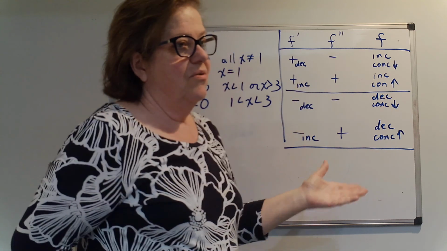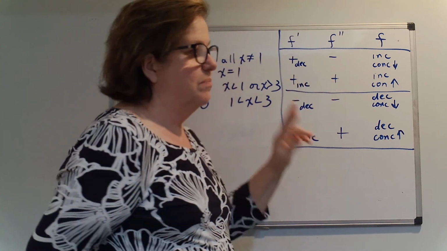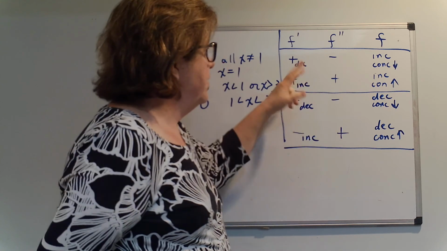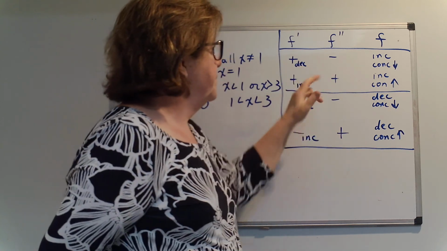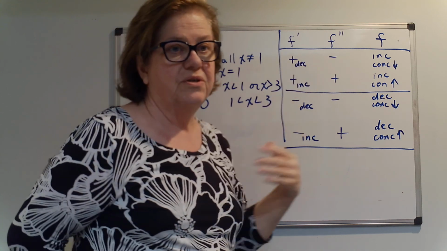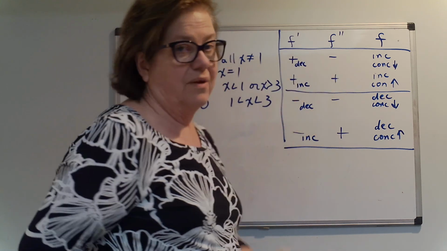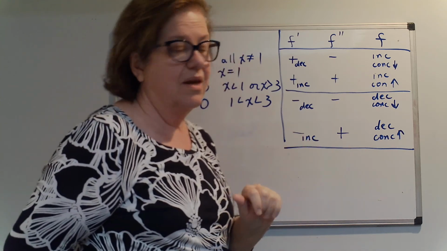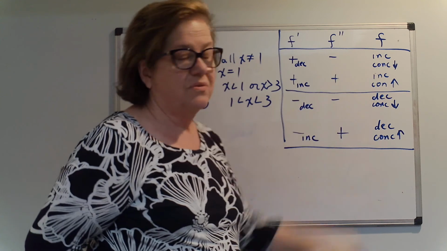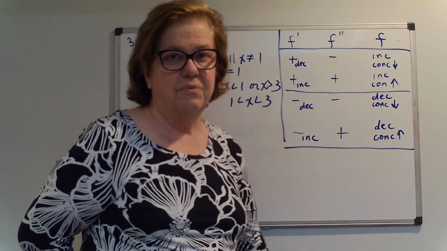What you have to know is that where f prime and f double prime are 0, those are the only places where the first derivative could switch from positive to negative or negative to positive, and where the second derivative could switch sign. And those are exactly the places where the function has local maxima, local minima, and inflection points.